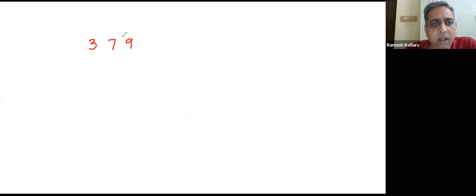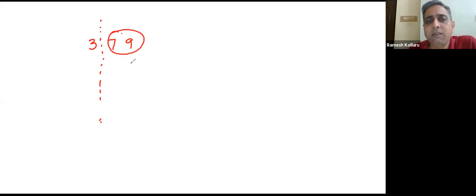379. I want to convert the digits that are greater than 5, apart from the leftmost digit. The leftmost digit, even if it is greater than 5, we will retain. Remaining digits we convert, like for this it is 4, 2 bar, 1 bar.